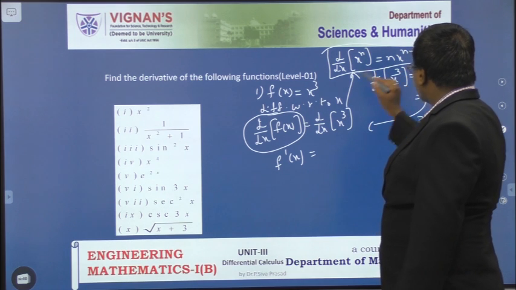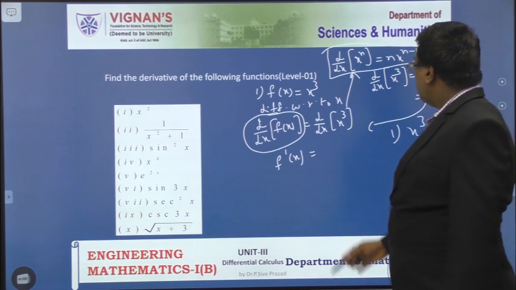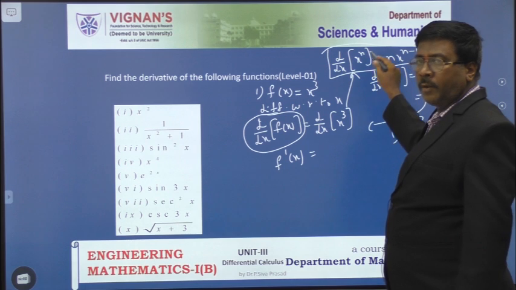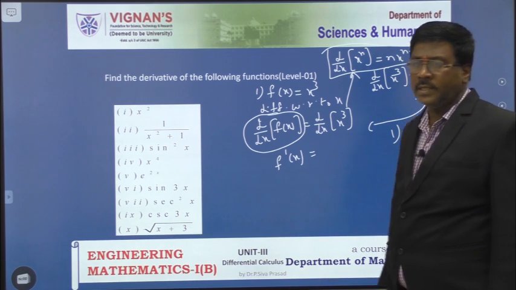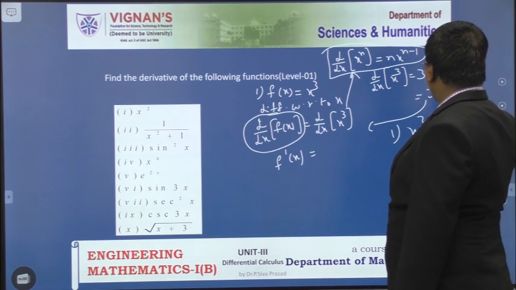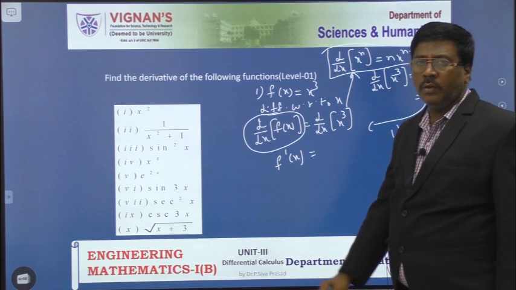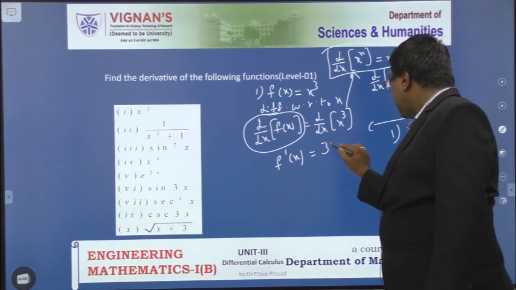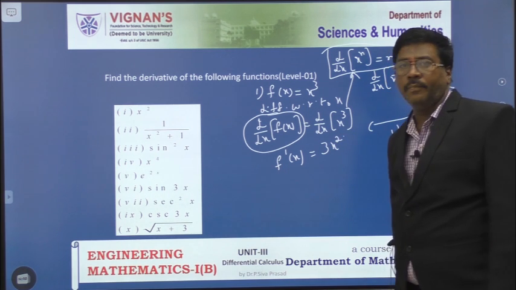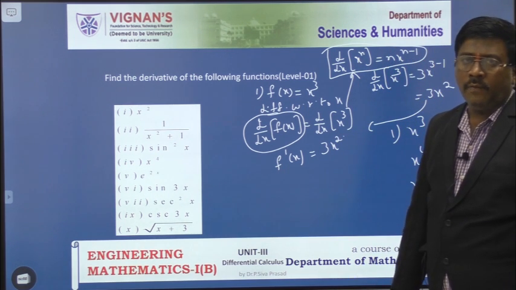Here we have d by dx of x cube, so in place of n, replace n by 3. Then that is 3 into x to the power of 3 minus 1. Therefore this is equal to 3 into x square, that is 3x square. This is the first derivative.